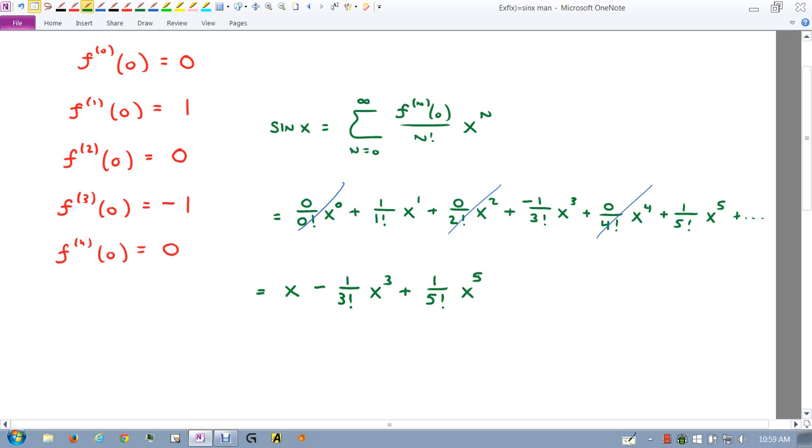What would be the next one? Minus 1 over 7 factorial x to the seventh. One more, 1 over 9 factorial x to the ninth. The next one would be minus 1 over 11 factorial x to the 11th, and so on.